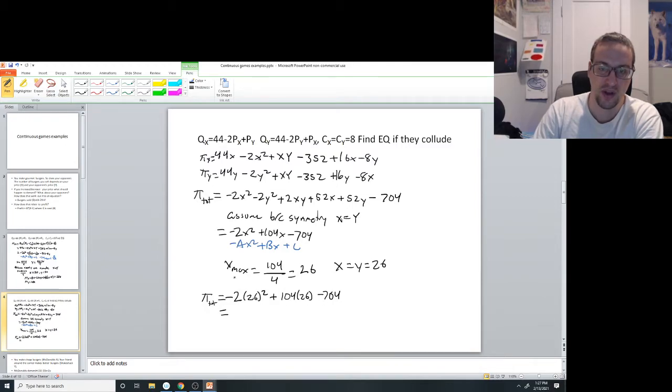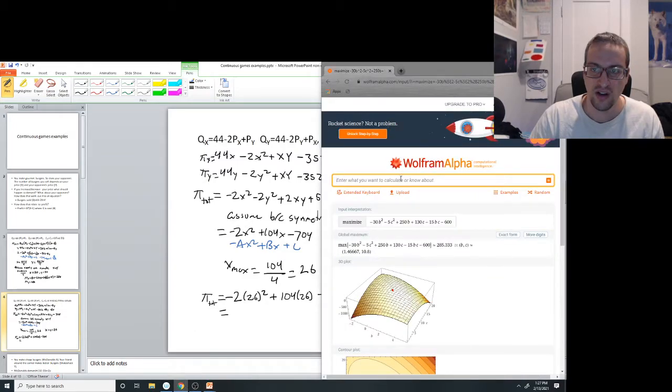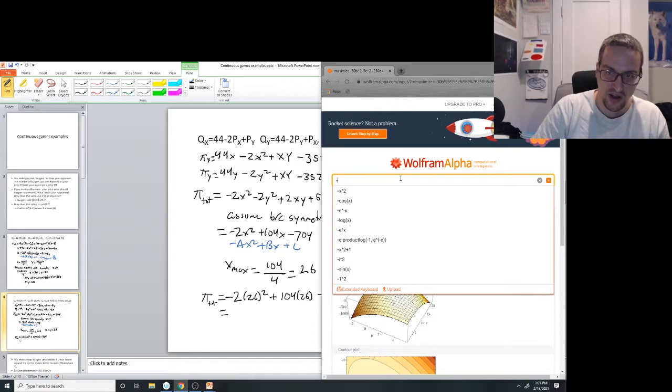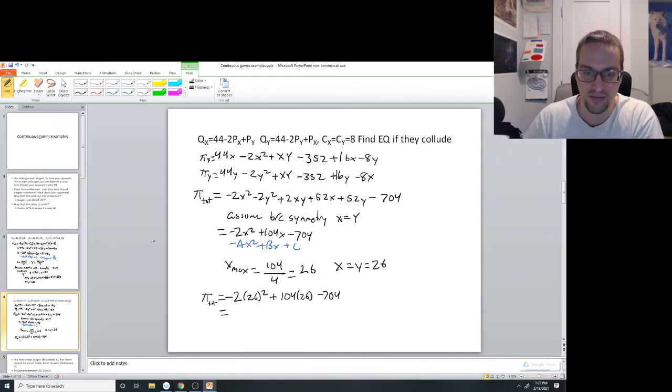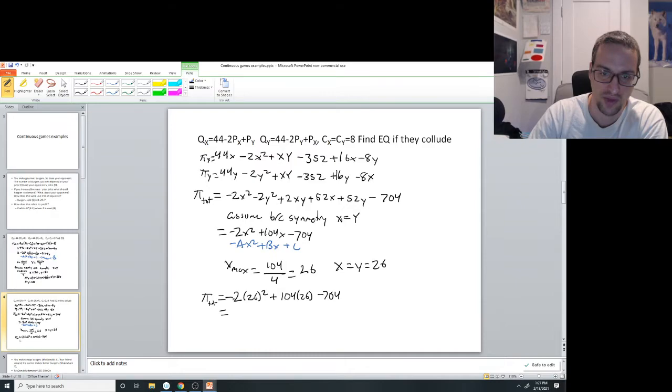And this comes out to be, I actually didn't calculate this out, so let's go to Wolfram here. Negative 2 times 26 squared plus 104 times 26 minus 704, 648. Or 324 each.